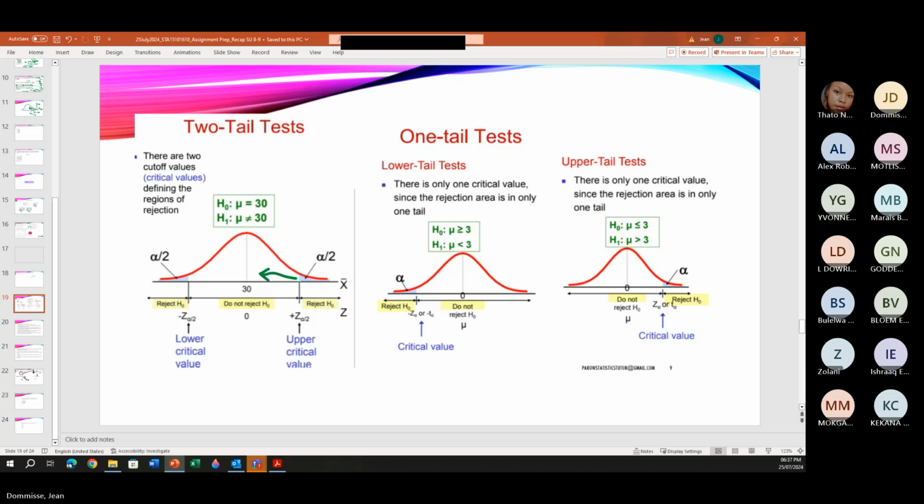So if that is your upper critical value, and your t-stat falls within this, we don't reject. If a t-value falls outside it, we will reject. So this is actually quite a nice example that you can reference again as you're going through your assignment as well.